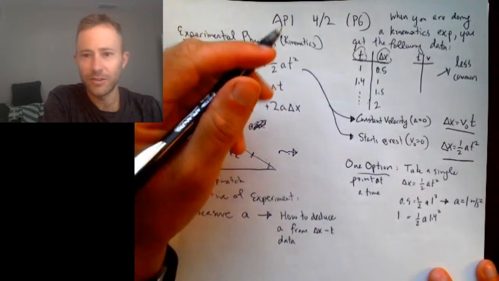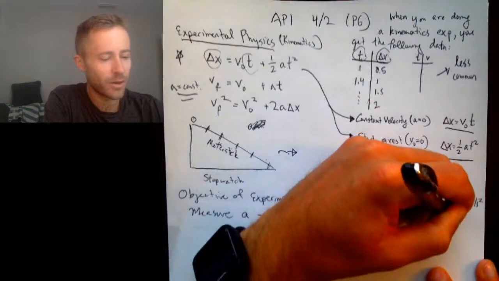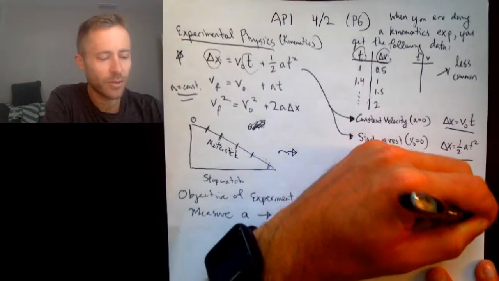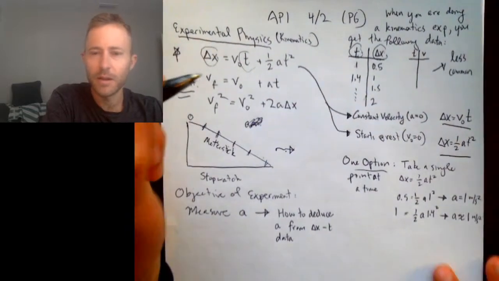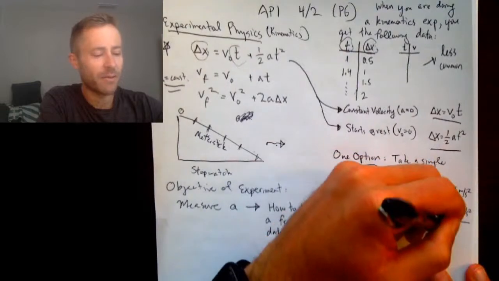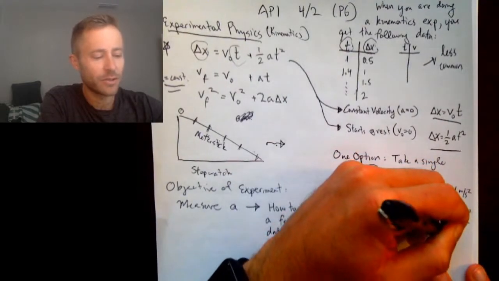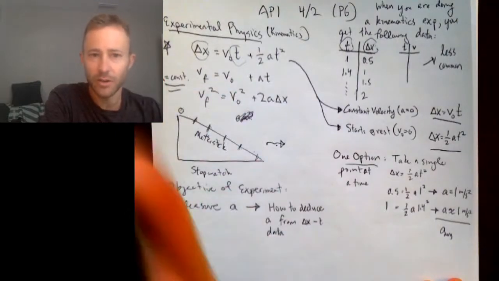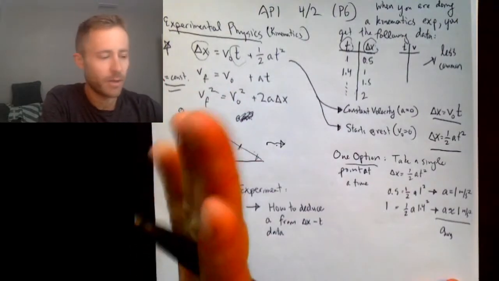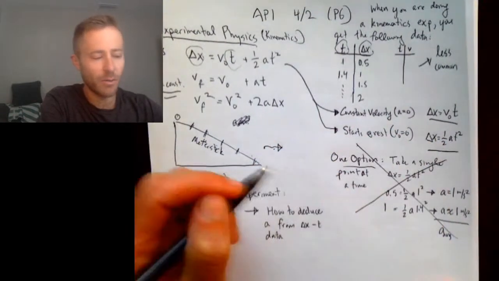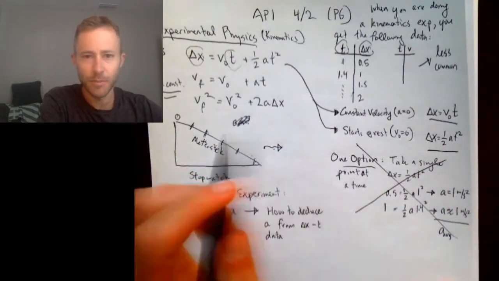And again, this gives you something where a is approximately 1 meter per second squared. And so maybe you take all these and you average them and you get the average acceleration. But this is not a good method. So I'm going to actually cross this out. You do not want to take a single point at a time.